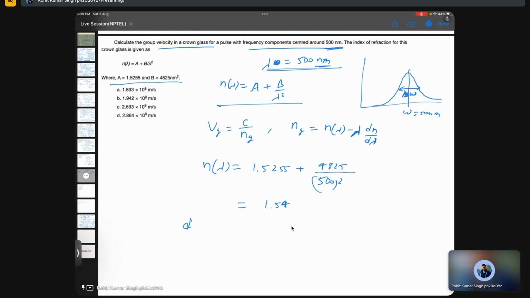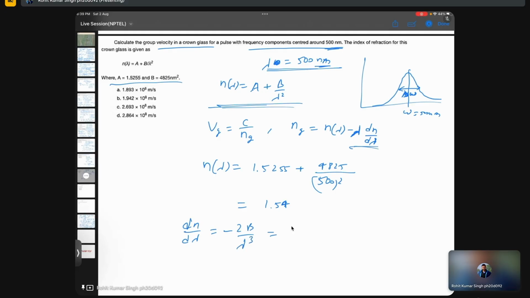Then we can find dn by d lambda for this equation. You have to differentiate this one, so what you will get is minus 2B by lambda cube.